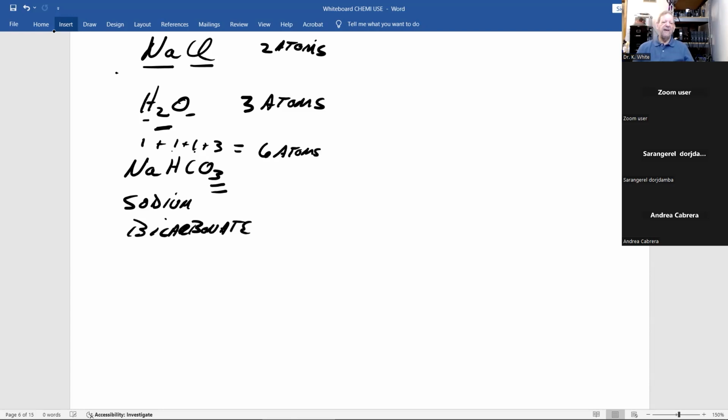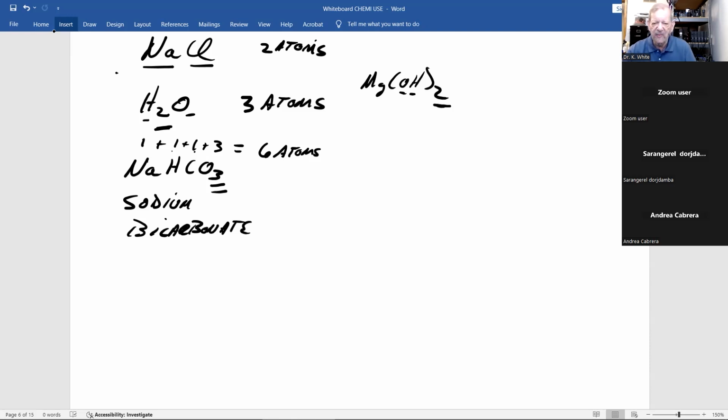In sodium bicarbonate. Now, there's something called parens we use in chemistry. And here's an example. That's magnesium hydroxide. And what that tells you is everything inside the bracket, parens, is multiplied by the number subscript on the outside.